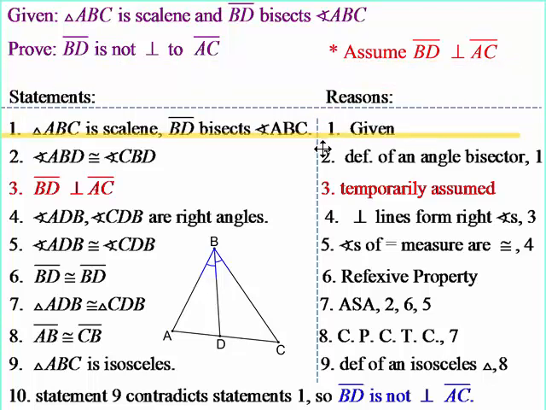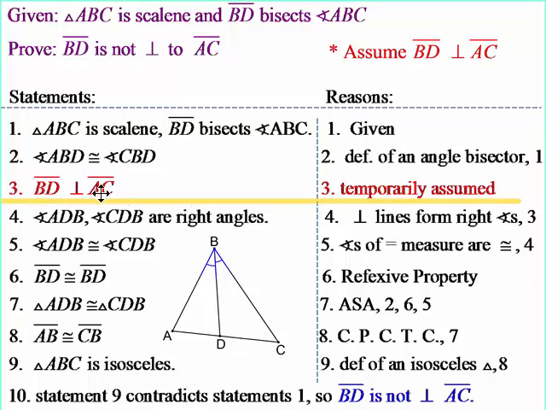So here we go. There's the first given. And then while we're there, I'm quickly establishing that, look, if BD bisects angle ABC, well then this angle here, ABD, has got to be equal in measure or congruent to angle CBD. So I wrote that right there. And then I'm going to do my temporary assumption that BD is perpendicular to AC.